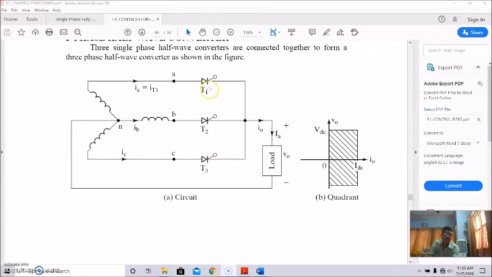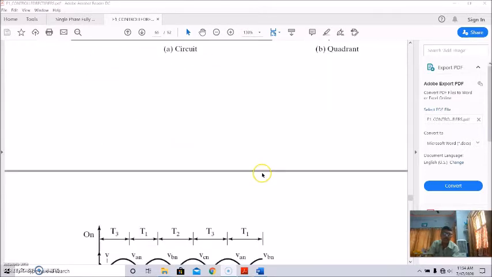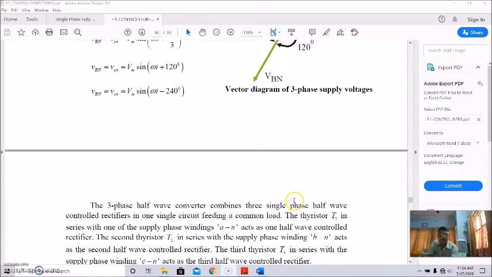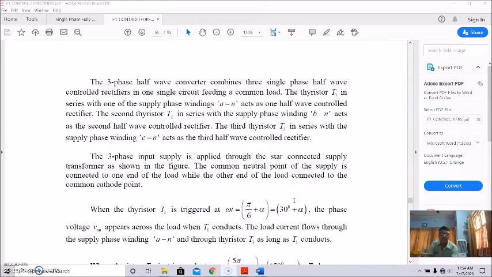This is fed by phase A, thyristor 1. This is for phase B, thyristor 2, and this is C for thyristor 3. So three-phase half-wave converter combines three single-phase half-wave controlled rectifiers in a single circuit feeding a common load.